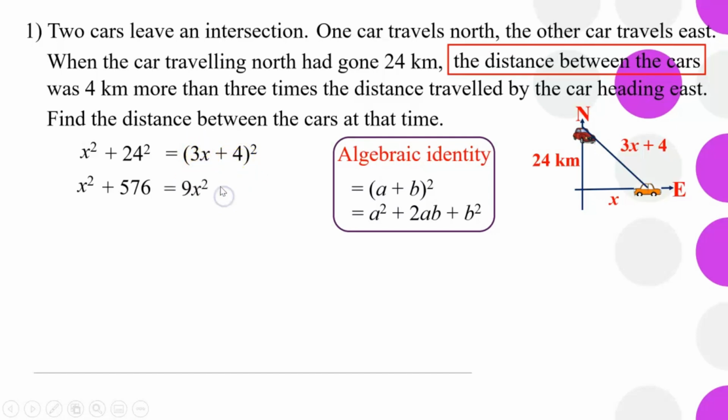So when we square 3x, we get 9x squared. And then this says 2ab, that means 2 times a times b. So 2 times 3x is 6x, times 4 is 24x. And then finally b squared, where b is 4, 4 squared is 16.